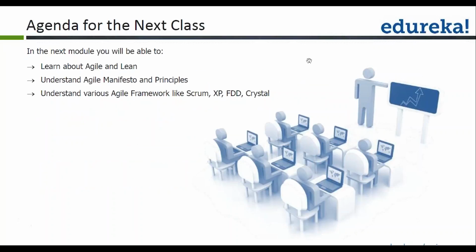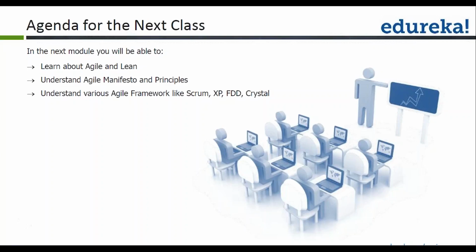So we have covered the first session, in which we talked essentially about what the PMI Agile Certified Practitioner exam is, what the benefits of this exam are, what the eligibility criteria are, what the exam pattern is, how one goes about giving this exam, and how one registers for this exam.